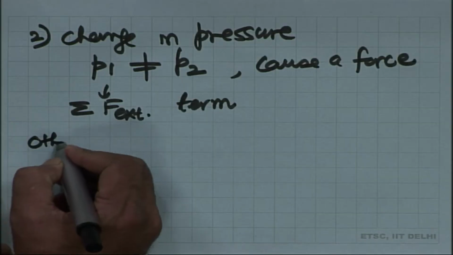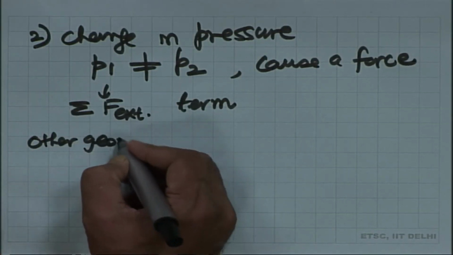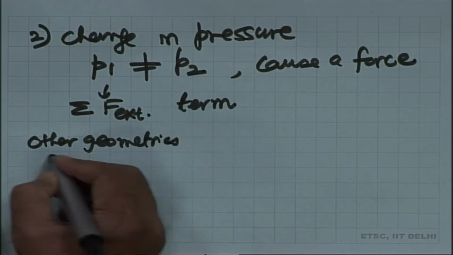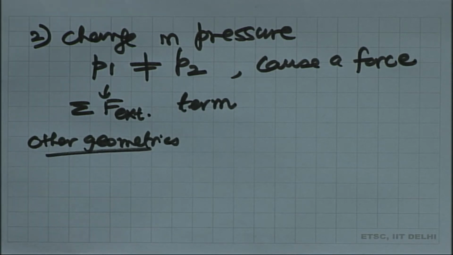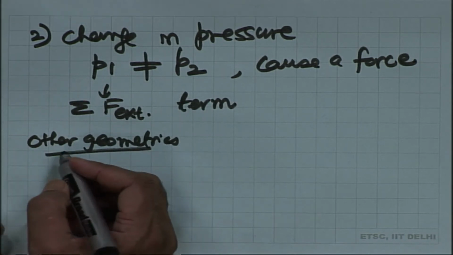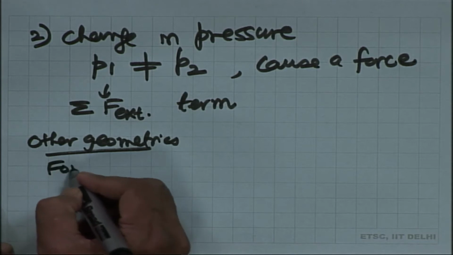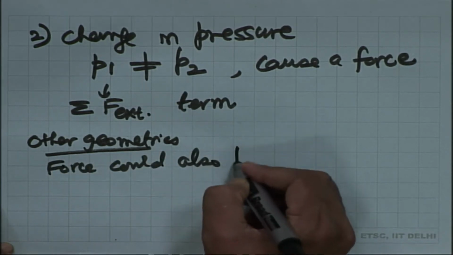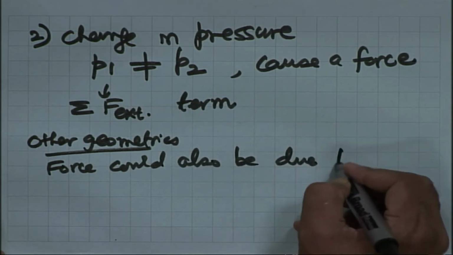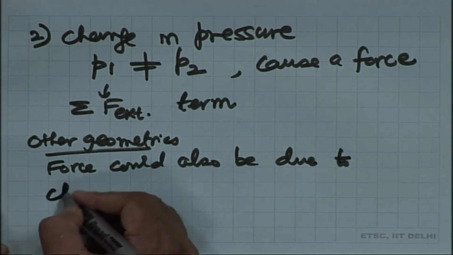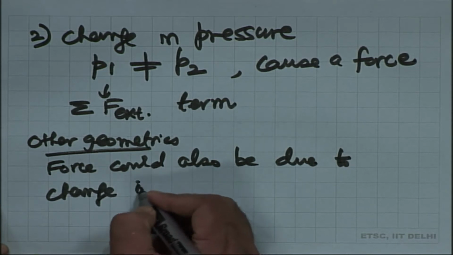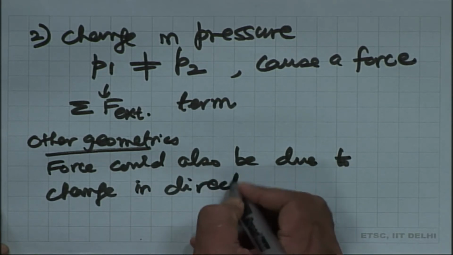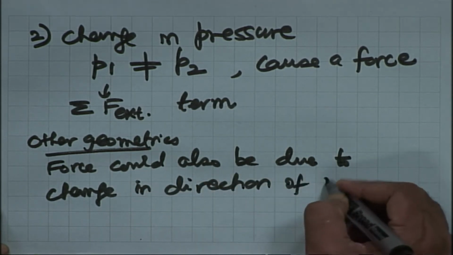Next, we talked of other geometries. In other geometries, a third cause could come, that force could also come due to a change in the direction of momentum.